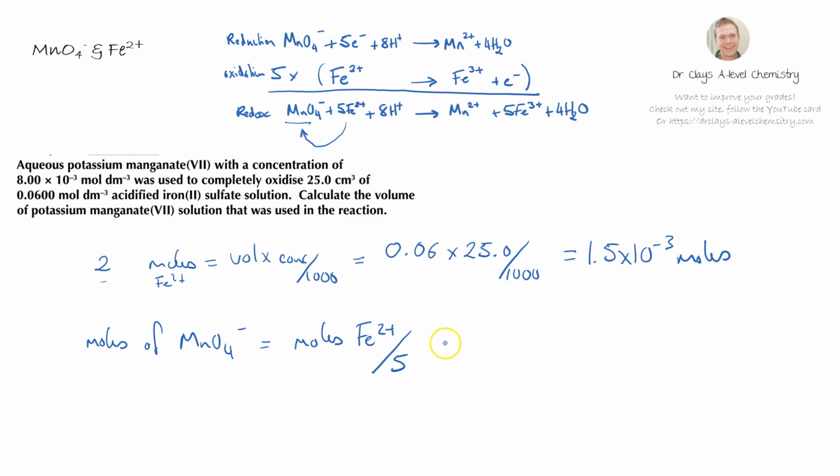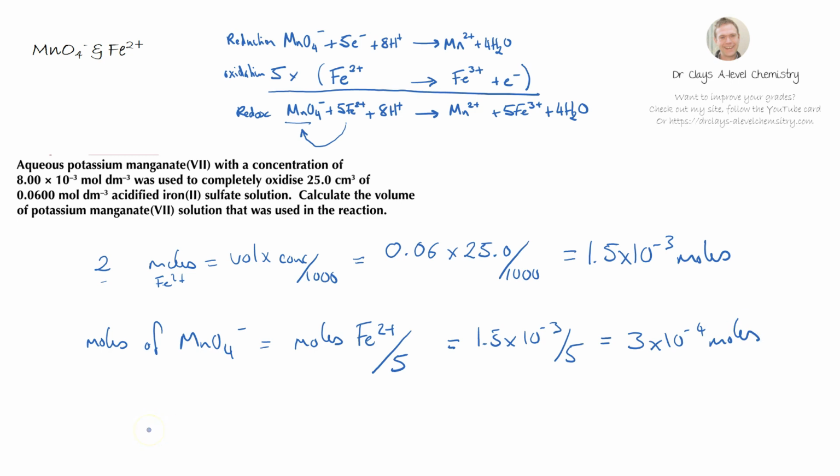And so if we put that into our calculator, we get 1.5 times 10 to the minus 3 divided by 5, giving us equal to 3 times 10 to the minus 4 moles of MnO4-.